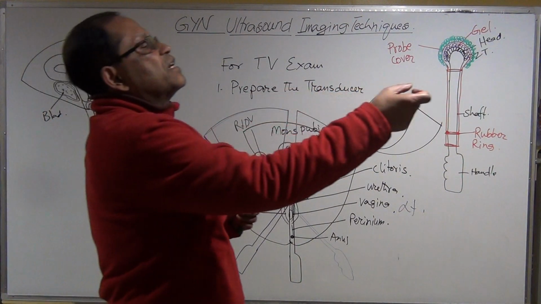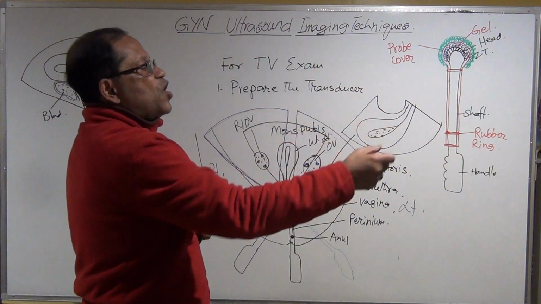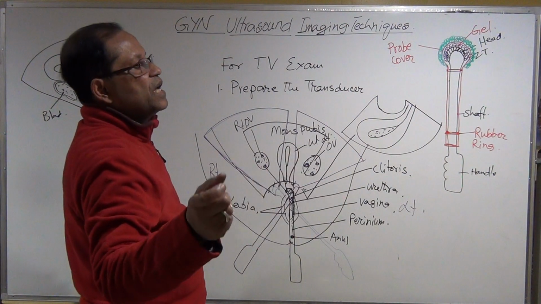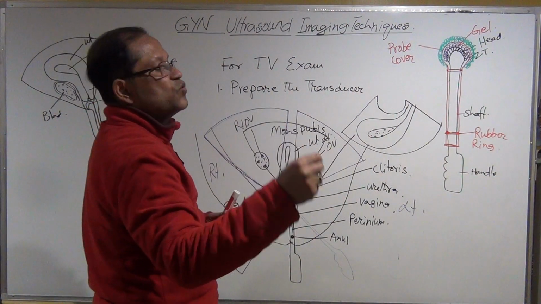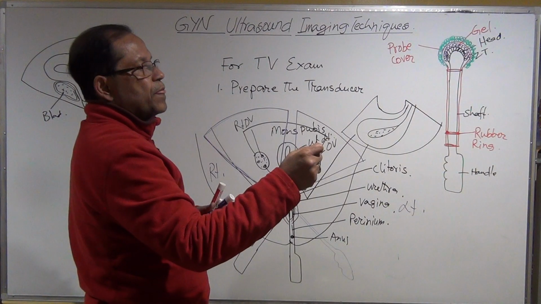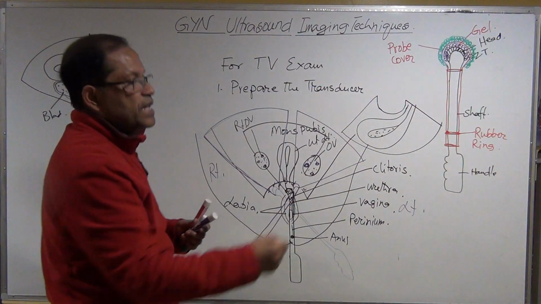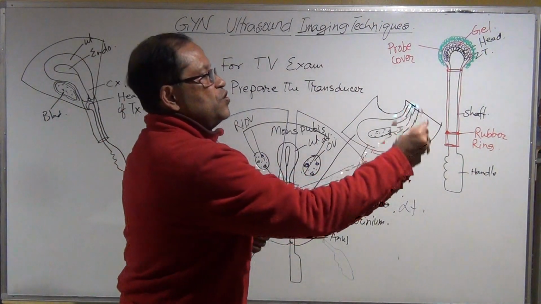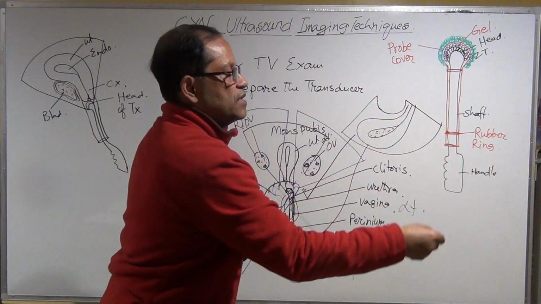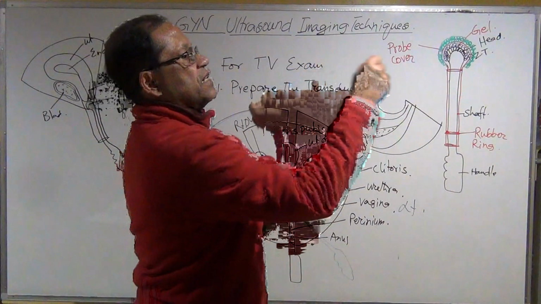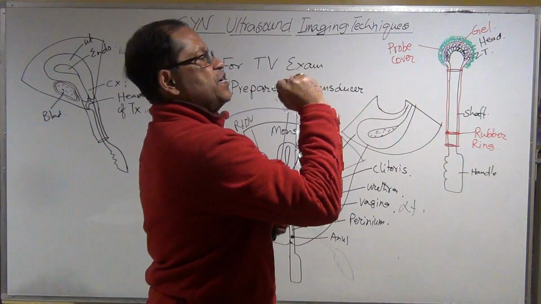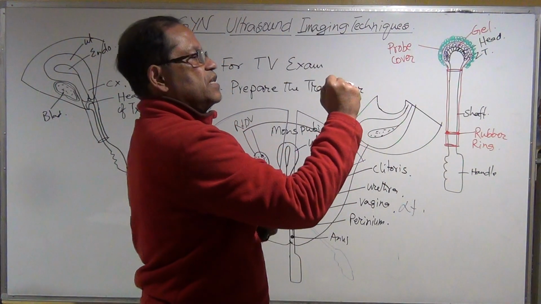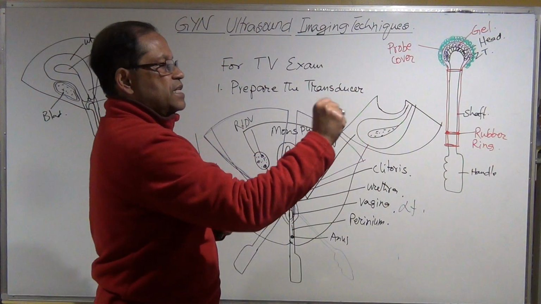And in order to see the transverse view of the fundus, body, cervix, you cannot see the vagina because the transducer head is within the vagina. But if you pull down, then you can see the vagina. So in order to see the transverse view, you can do like this. Send the beam through the fundus, through the body, through the cervix, and that is the transverse view.